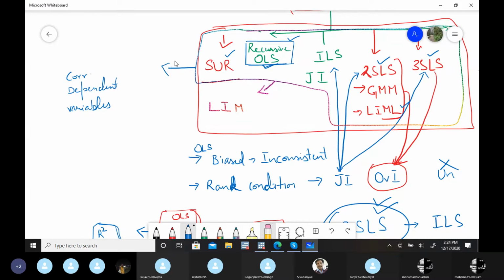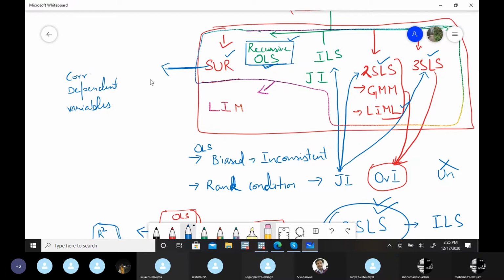But since there are no endogenous variables at all in this method, you are not required to do the rank order condition first and then identify the appropriate method. No, you can simply apply seemingly unrelated regression, which estimates the coefficients jointly, taking both the models in a single form.